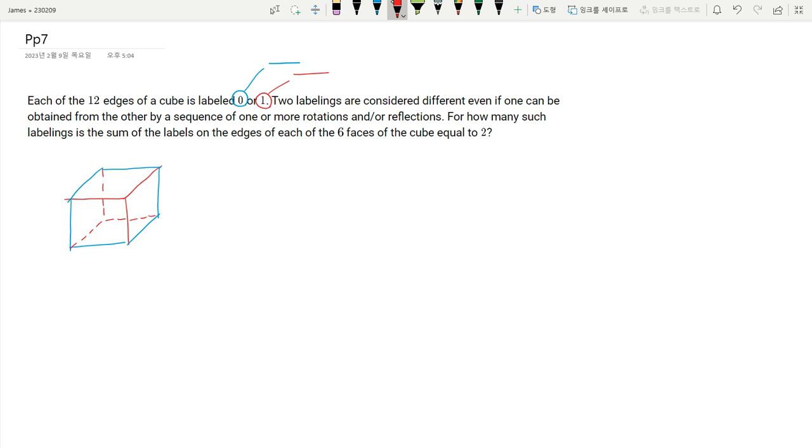So this is one example. Now all the faces have 2 red lines and 2 blue lines.